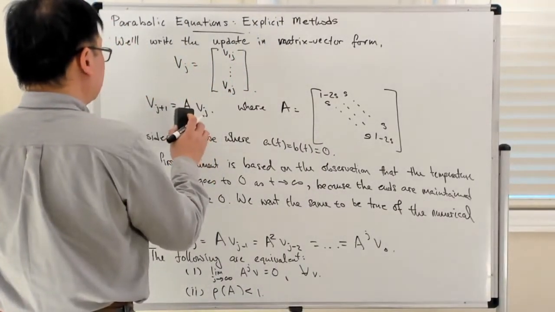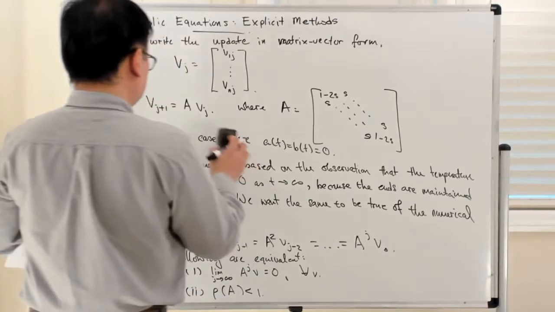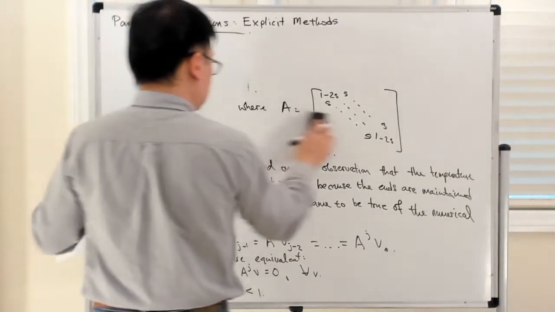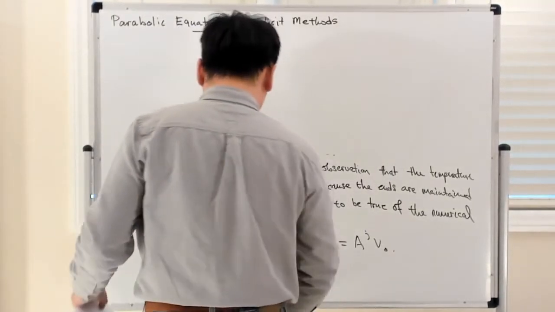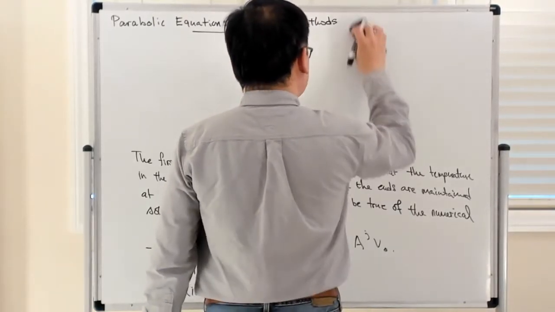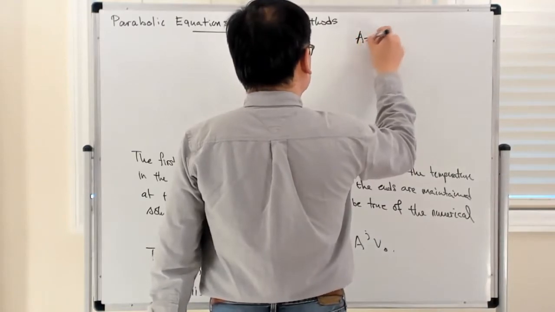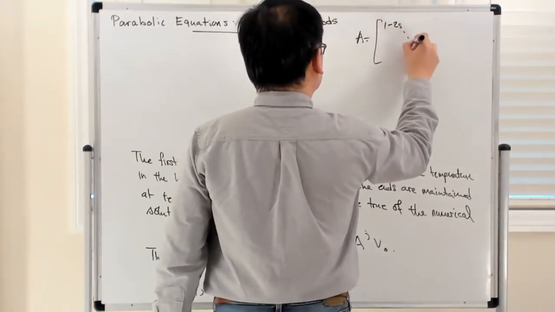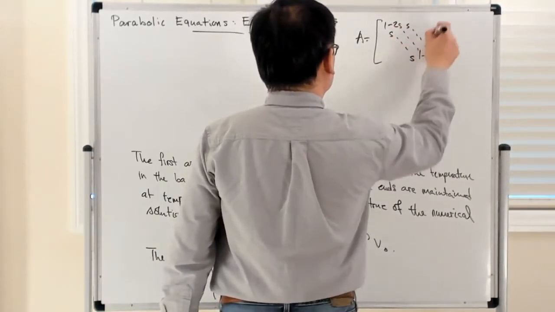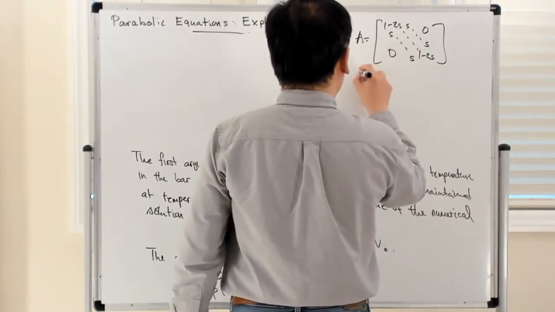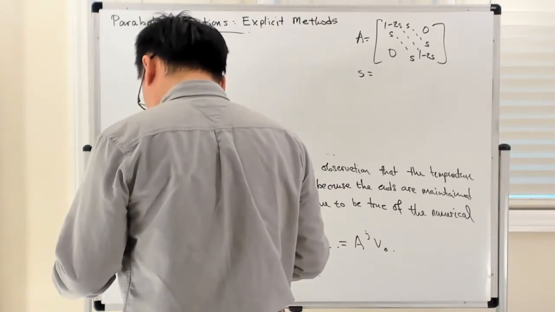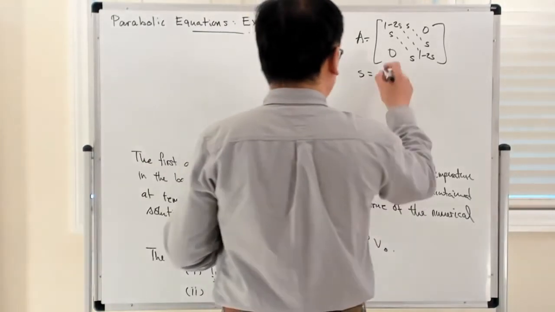So the net effect is that I want to choose this matrix A, which has 1 minus 2s on the diagonal and s on the off-diagonals, 0 elsewhere, and s is equal to k over h squared.